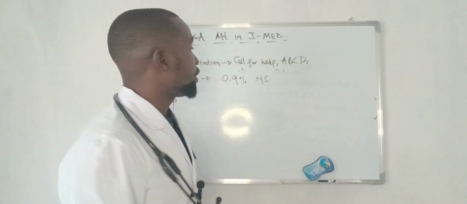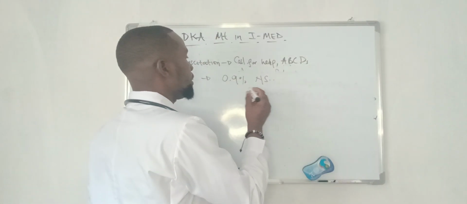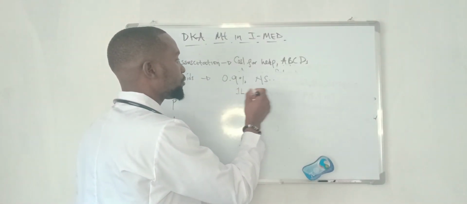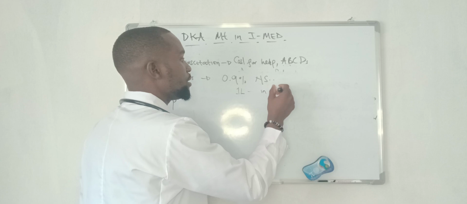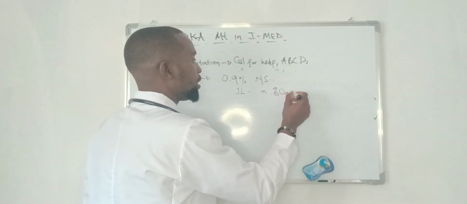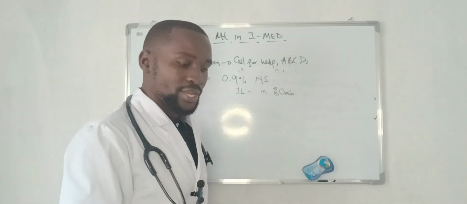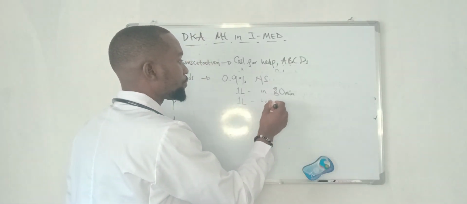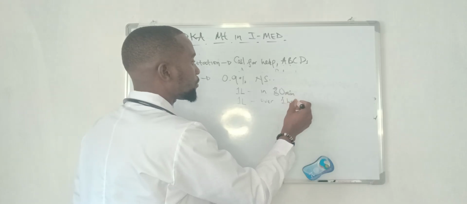So how do you give this 0.9% normal saline? You are going to start off with 1 liter in the first 30 minutes. So 1 liter in 30 minutes, you give another liter over 1 hour.